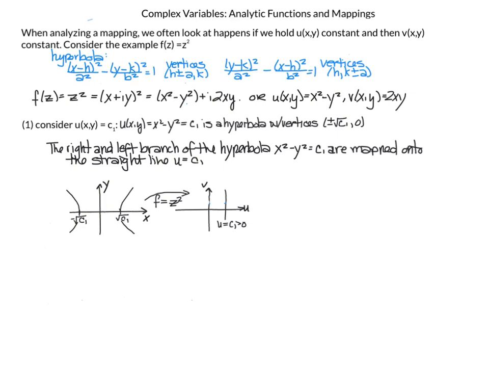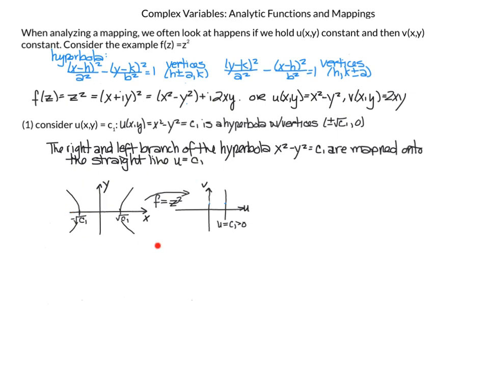Notice that since the x squared and y squared terms are equal to 1 in the standard form, for our equation u equals c1, to see the hyperbola we have to divide both sides of the equation by c1. Also, our h and k terms are 0 here. So our vertices are h, which is 0, plus or minus a, which is the square root of c1, and k is also 0. This is where we get the vertices, square root of c1 and 0.